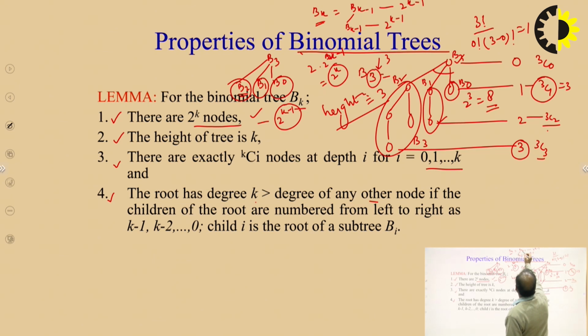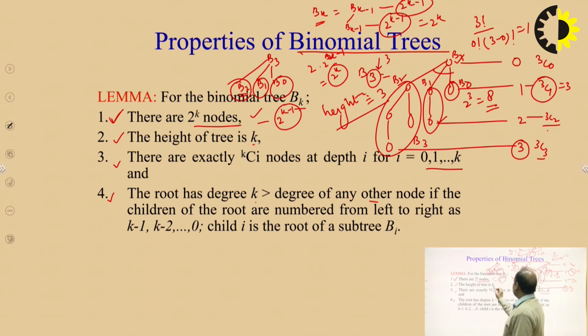Because Bk is nothing but a collection of two Bk minus 1, and we assume that the number of nodes in each is this, if you add the total number of nodes, you will get 2 to the power k. So this is okay. Number 2 says the height of the tree is k.